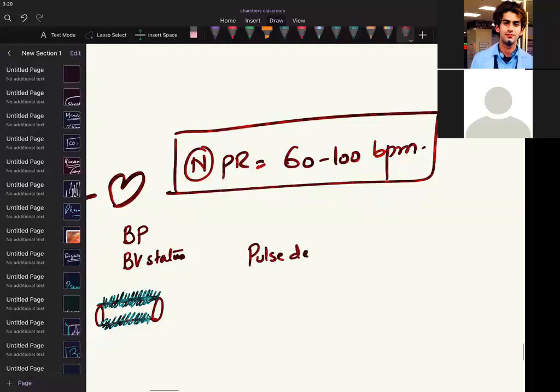Pulse deficit means the deficit, the difference between the pulse rate and the heart rate. The difference between the pulse rate and the heart rate will be called pulse deficit. Okay.